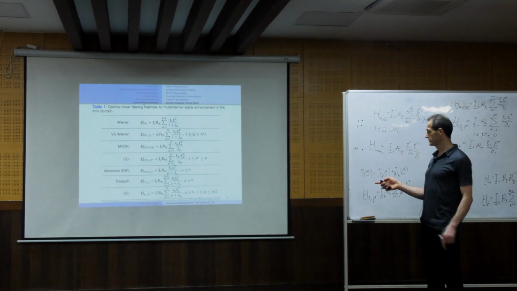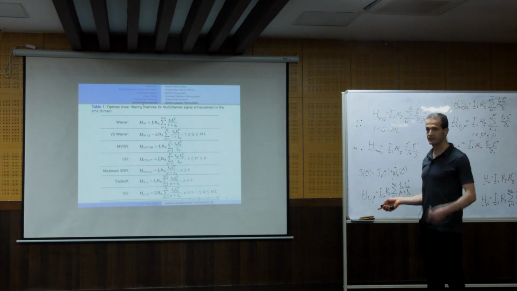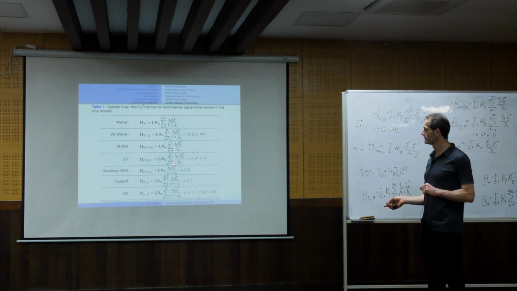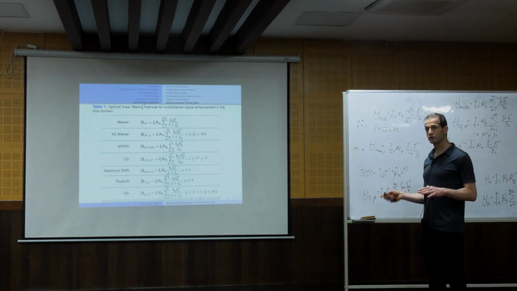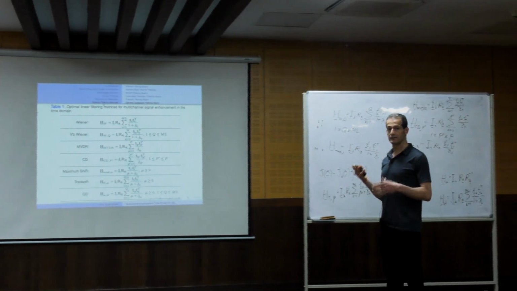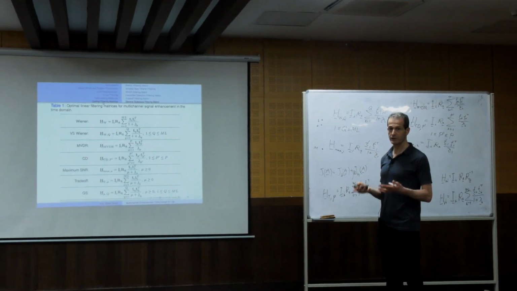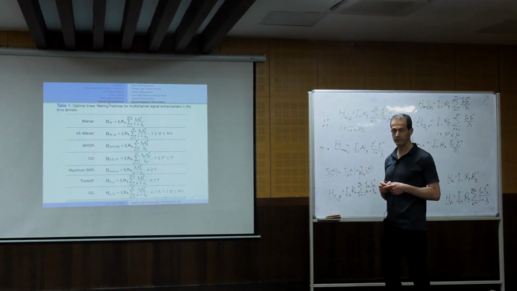So you have an infinite number of filtering matrices that generate the maximum SNR, and then we can choose mu such that it will control the trade-off between noise reduction and signal distortion.